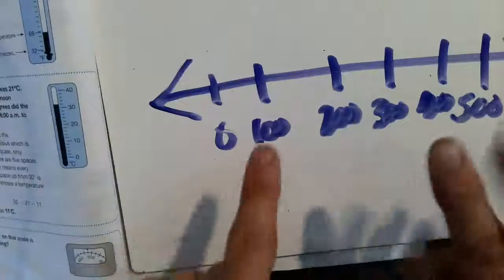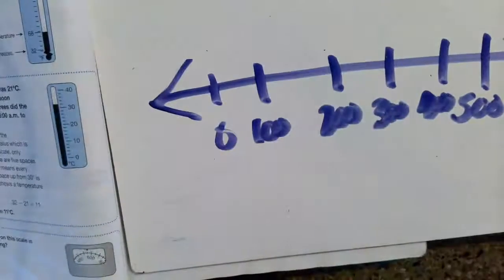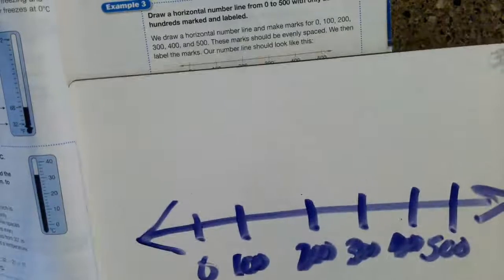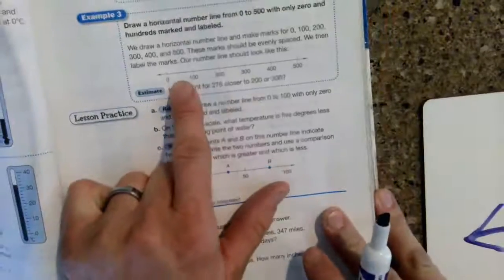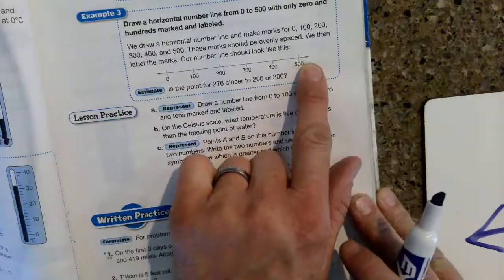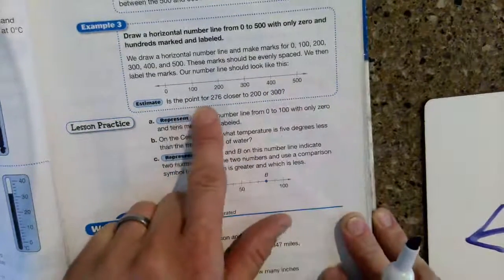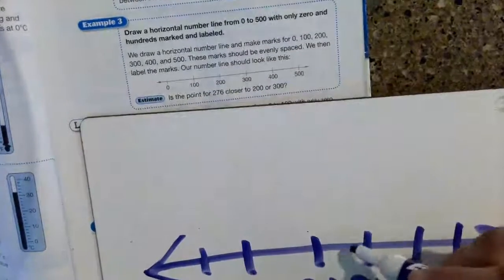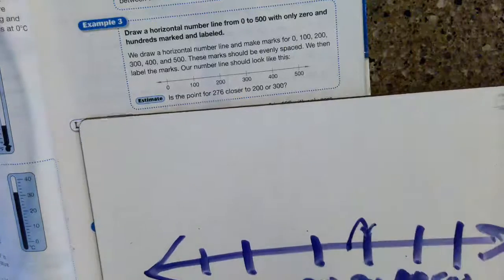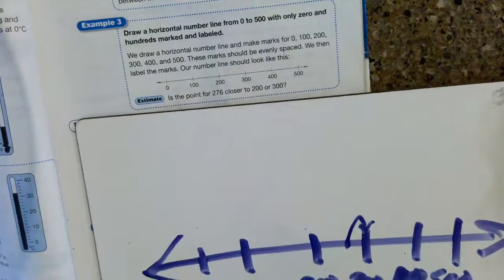I tried to evenly space them. That one looks a little bit bigger than that one, but the best I could. Put your ticks on there and go ahead and mark it. Now, that's a pretty simple assignment. Theirs turned out a lot better than mine did. Then they asked this question. Is the point of 276 closer to 200 or 300? Well, 276 is bigger than 250, so it would be closer to 300.